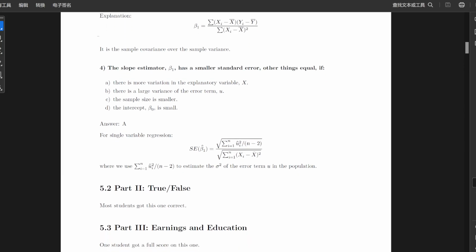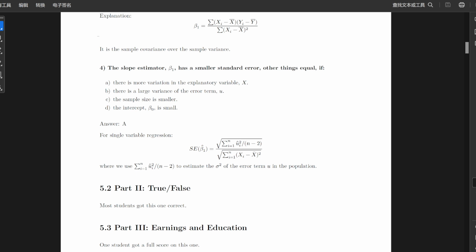If you want to learn the mathematical formula, here's your standard error equation for the beta 1 estimator. You see here, if you have more variation, it means the bottom term, this variance, is going to be high, right? So the overall standard error is going to decrease.